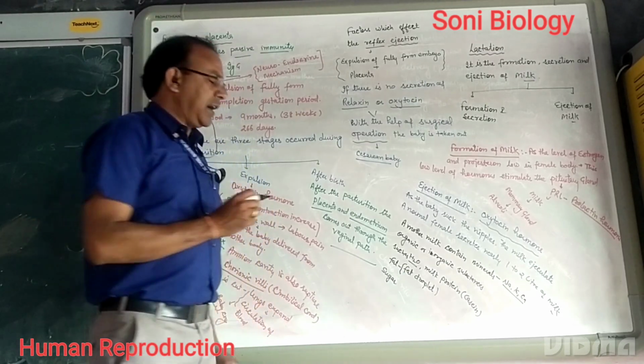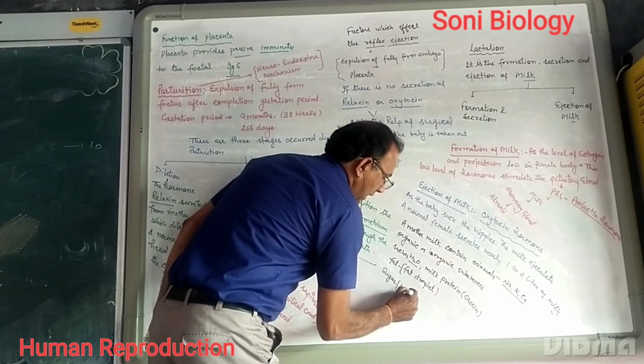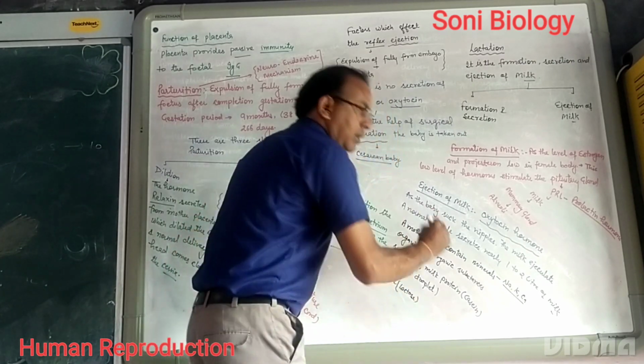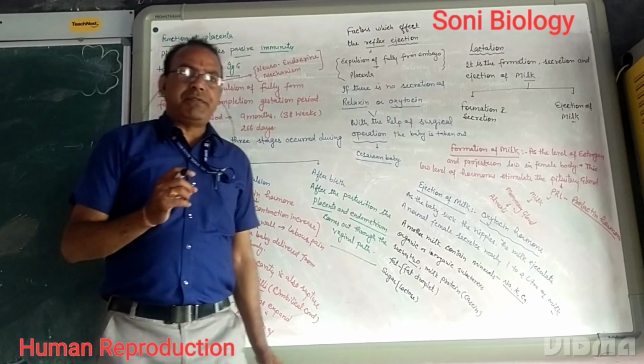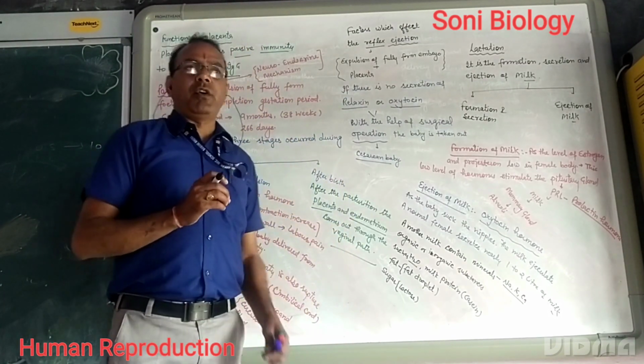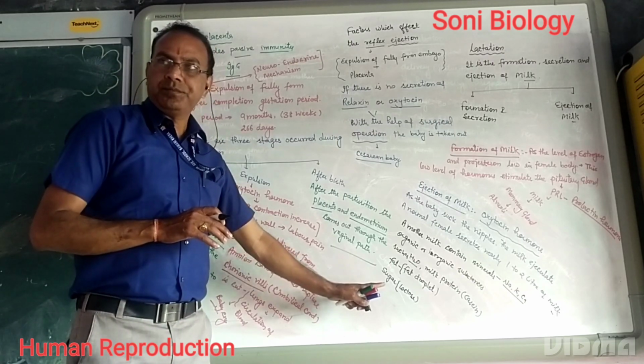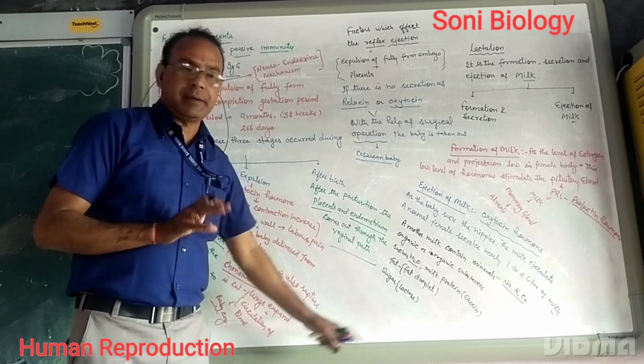Sugar, or carbohydrate, is present in the form of lactose. There is a deficiency of iron in milk, but a small quantity of calcium is present in mother's milk. These are the components of mother's milk.